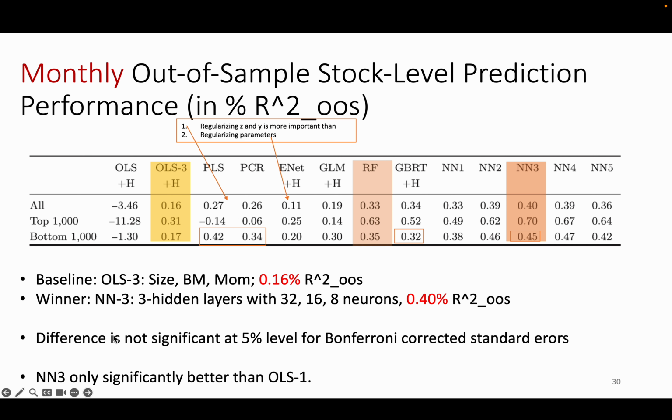Here you get from the footnote that the difference between these two red numbers is statistically not significant at the 5% level if you use Bonferroni corrected standard errors. We don't need to know what these standard errors are, but the paper mentions these would be the proper ones to use, and it's not significant.